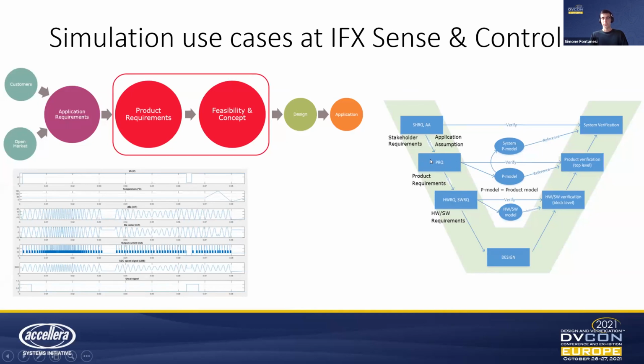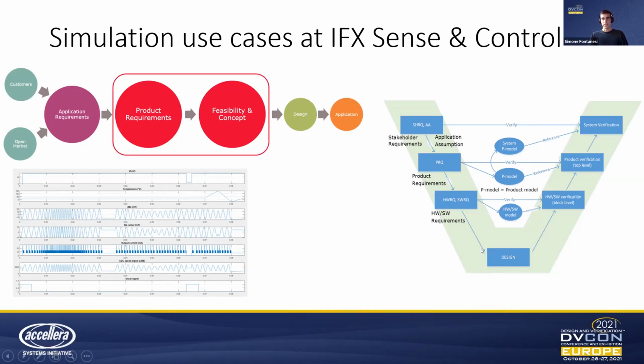So we define the product requirements, which usually comes directly from customers or from the market or from our application assumption. And these documents is then used by the concept engineer and by the lead designers in order to define the hardware and software requirements which are used for the implementation of the functionality on the silicon.